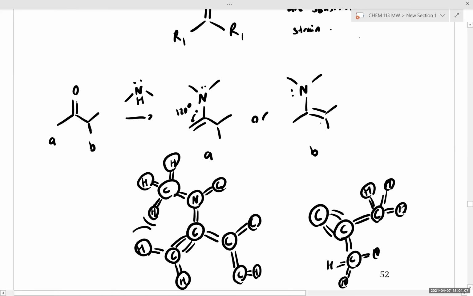Now, because we have an alkene, and because this nitrogen is now snapped into the plane of the page, it's now held almost flat because it's part of the enamine, we now can see pretty quickly what's happening between these two groups. What's happening between the alkyl group of our amine and the alkyl group of our ketone.